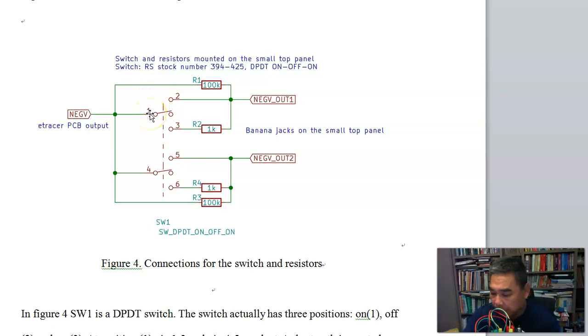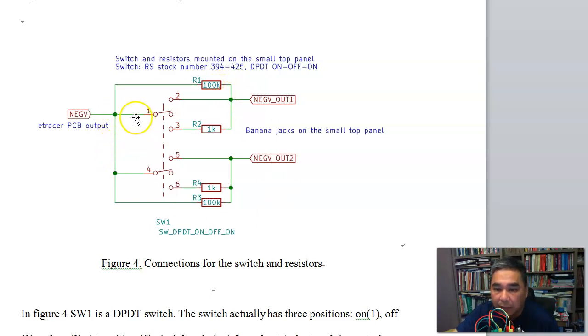So if the switch is at position 2, which is the off position, then this switch is connected to nothing. So the negative voltage will be connected to negative output 1 through this 100k ohm resistor.